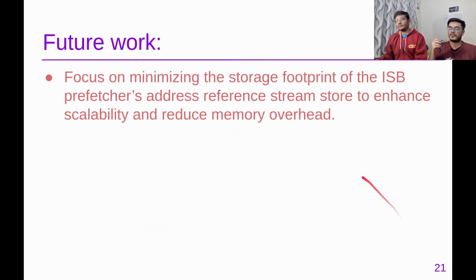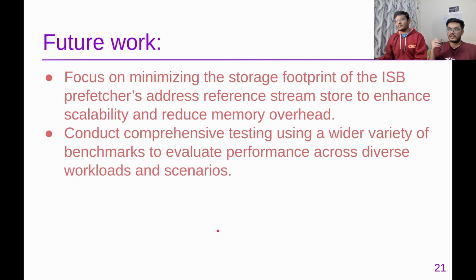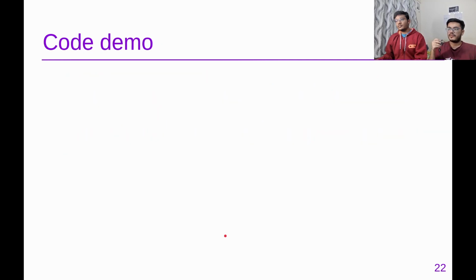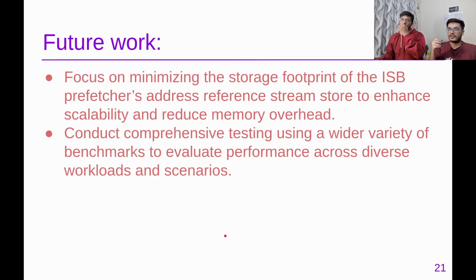For future work, there is still scope for minimizing the storage footprint of ISB, because it is a temporal prefetcher and requires a lot of storage. It has to remember the reference streams, because there is no same stride, so we have to remember the streams and prefetch based on them. Maybe what we can do is not remember all IPs.